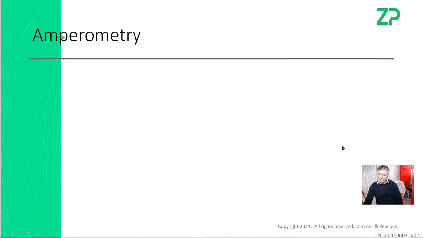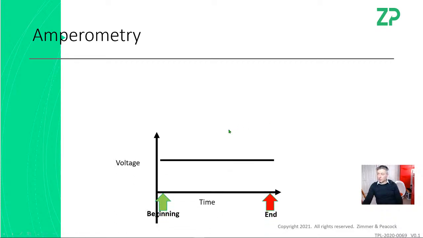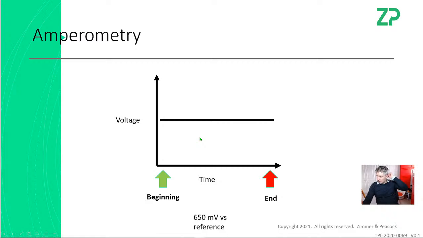Now in amperometry, so in open circuit potential, I use the word potentiometry, which just means measure voltage. I used to use the term ion selective electrode. In those open circuit potential measurements, we were just measuring the voltage. In amperometry, we're applying the voltage, and it often is something like 650 millivolts versus the reference, and we just measure the current.